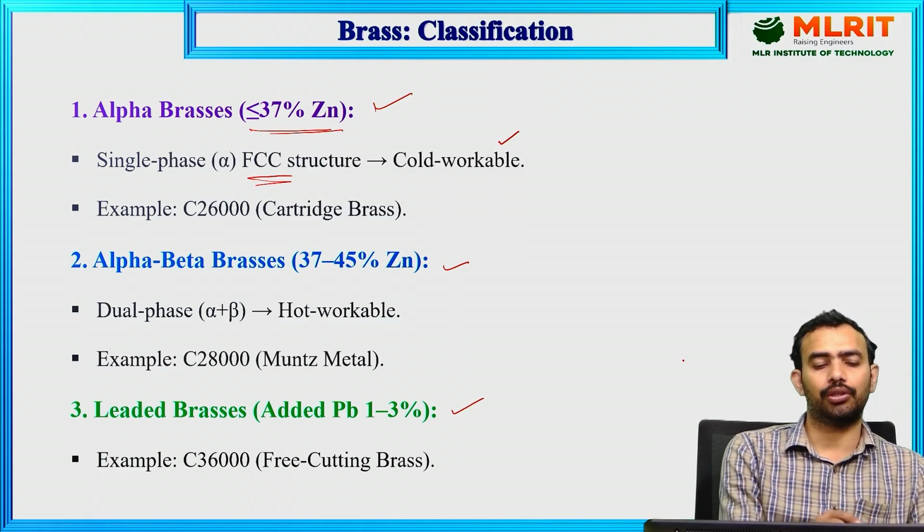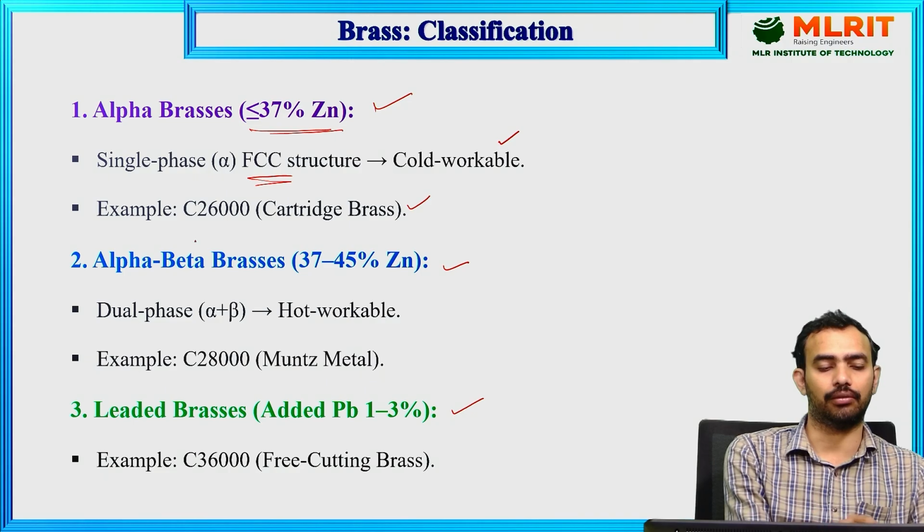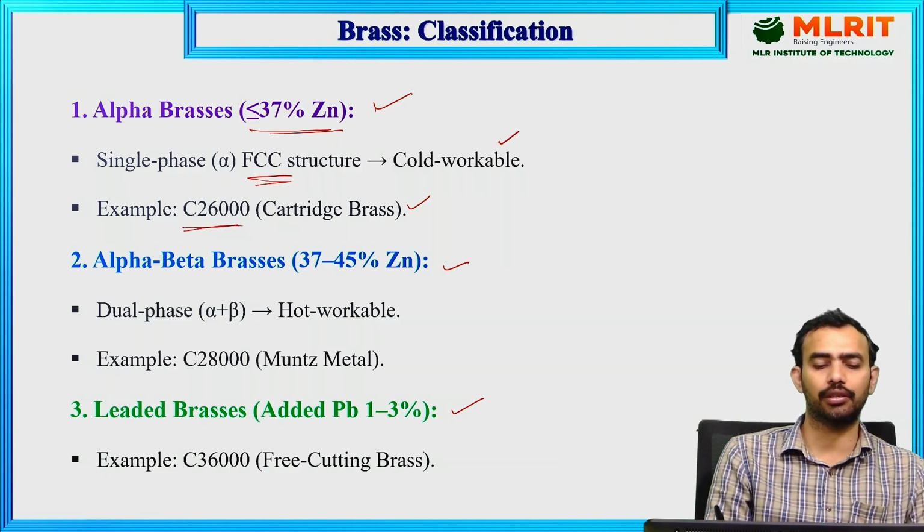For example, cartridge brass, grade C26000, is one example of alpha brasses.